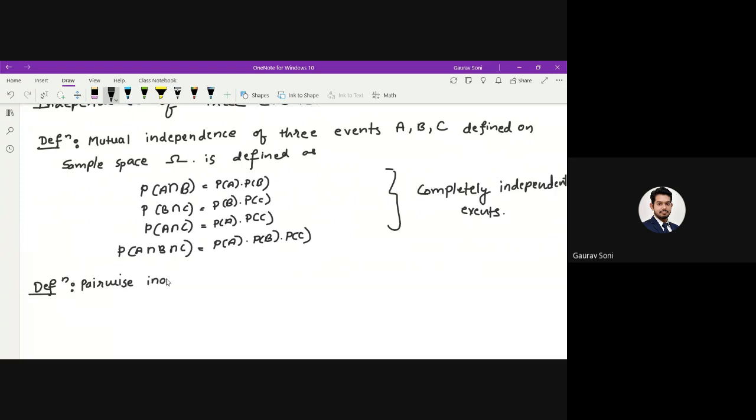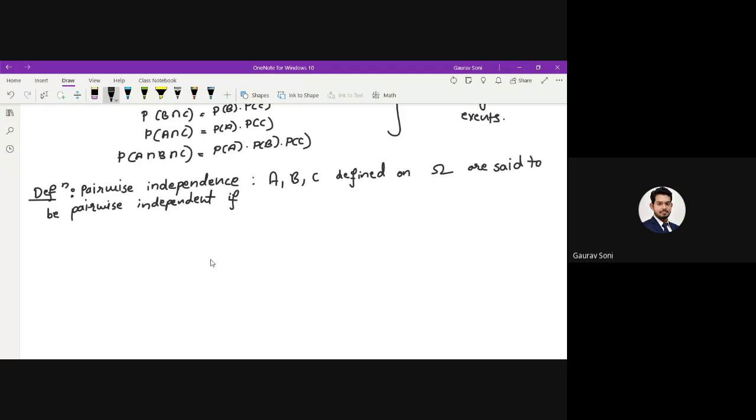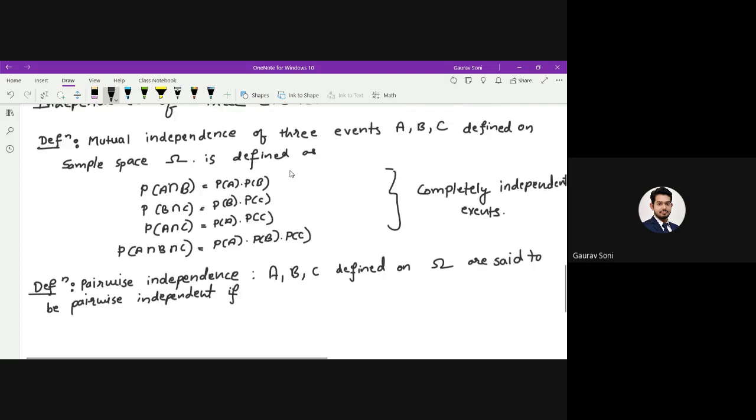A, B, C defined on sigma are said to be pairwise independent if, logically, what conditions should be there?